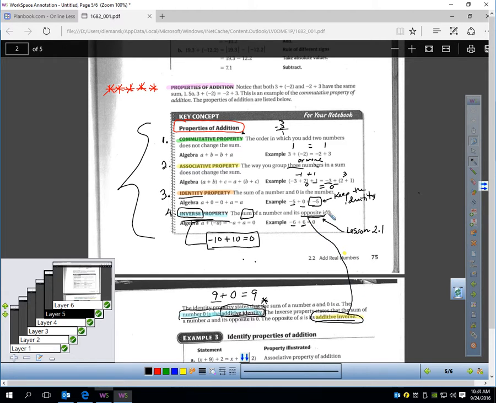If I take 23 and add the additive inverse of 23, which is negative 23, I would get 0. So additive inverse and opposite are similar terms. They're telling me the same thing, okay? The opposite of 23 would be negative 23, but that's also called an additive inverse. So those are two things we definitely want to have in our notes.